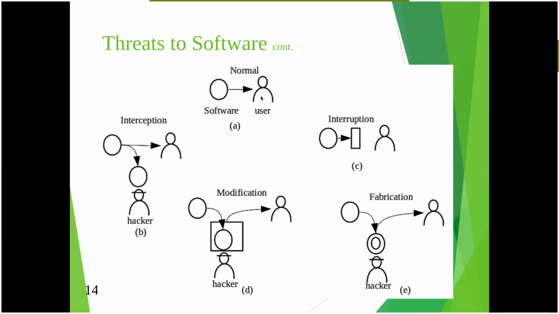The software will be used by the user. But with interception, the software is used by the user, that's okay, but a hacker, another unauthorized person, can also access it. That is, the software is tapped by this hacker and used.